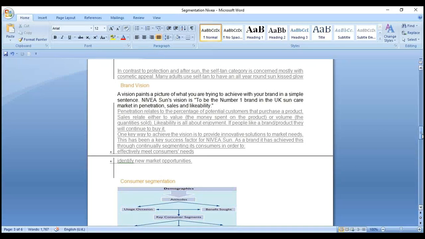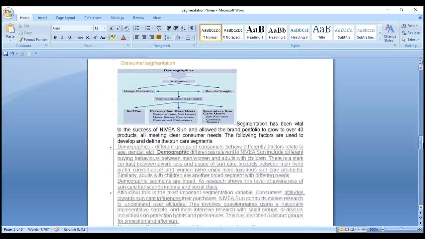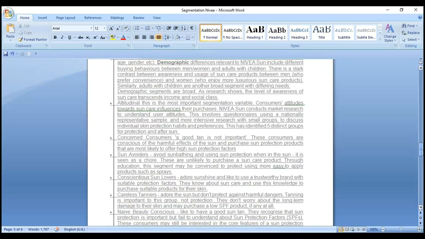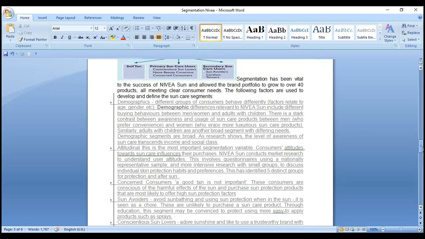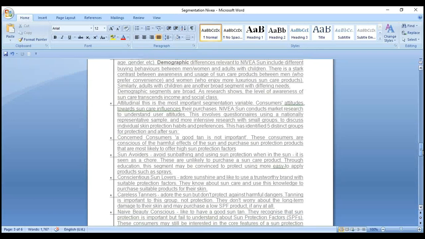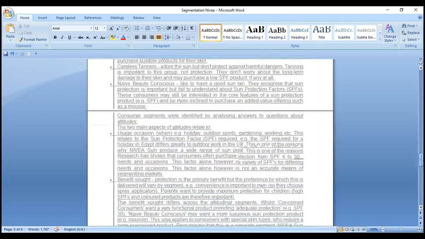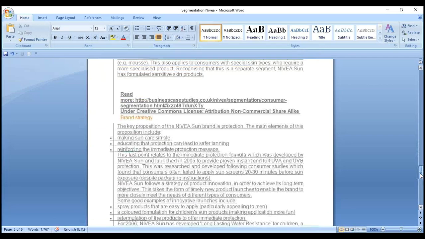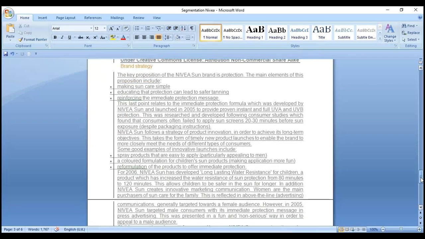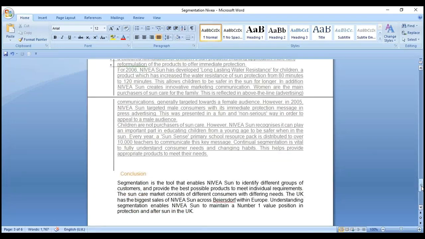All these sorts of brand vision, how they develop it, is quite good to look at: based on the demographics they used, the attitudes, the consumer needs. They looked at the competitors as well. The competitor is the first thing to look at whenever we make any strategy.